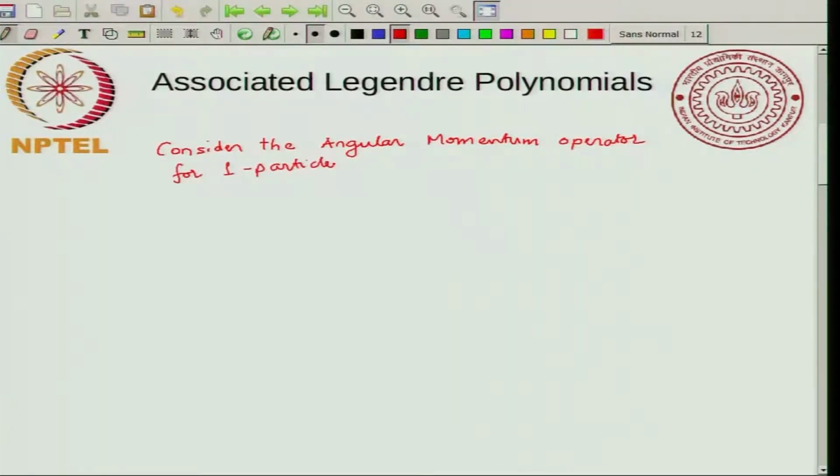In quantum mechanics, the operator for L square, the squared angular momentum, is given by minus h bar square times dou square by dou theta square plus cotangent of theta dou by dou theta plus 1 by sine square theta dou square by dou phi square.